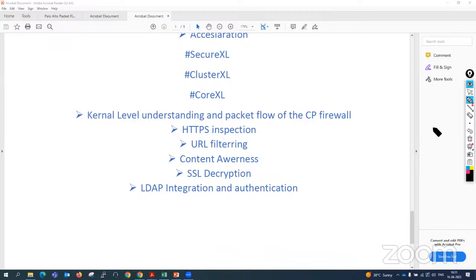Stability. Checkpoint is way more stable. In terms of upgrades or hardware, their hardware is very good. Even smaller models give very high throughput. The 4600 model is not a very high model, but it can handle up to, I believe, 50-60 GB of throughput.